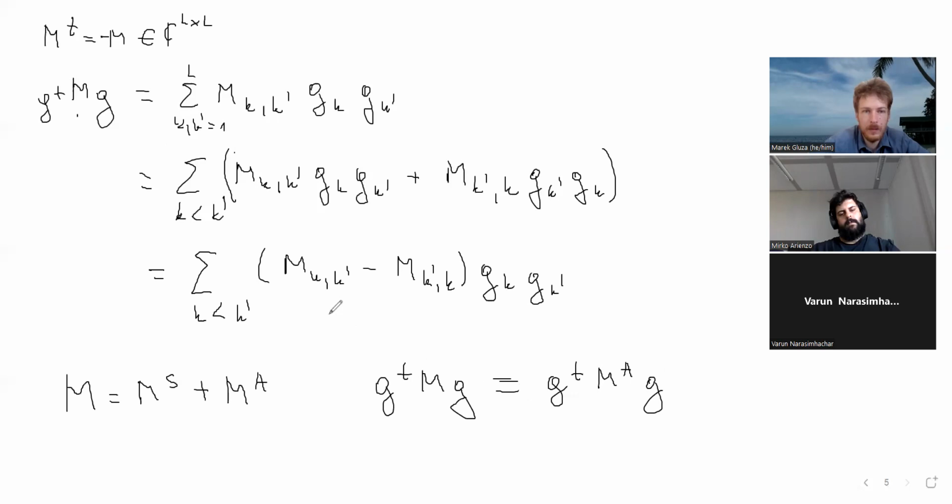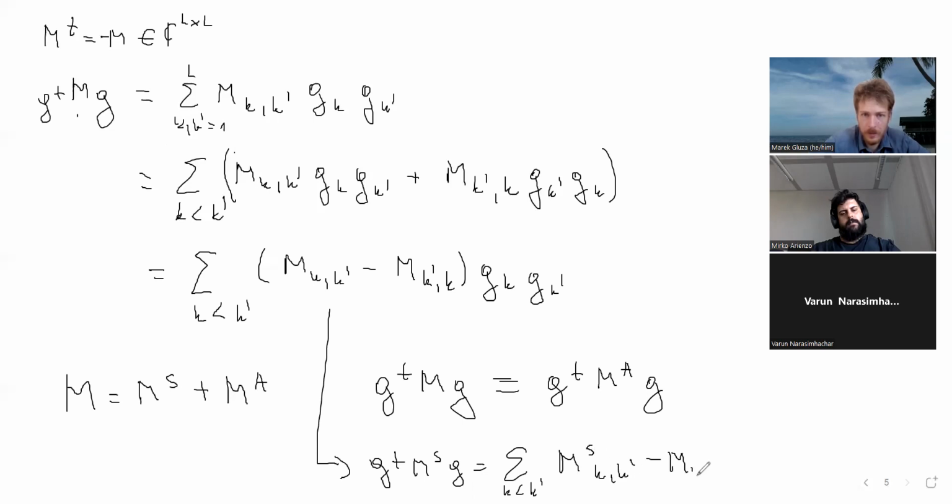So here for the symmetric part g transpose M symmetric g, I will be summing k smaller than k prime, and the symmetric component of this is 0.